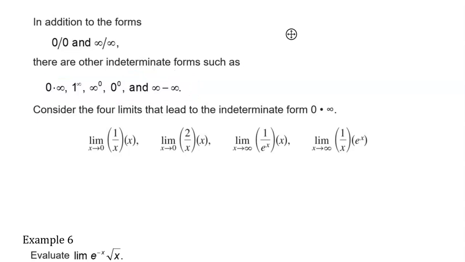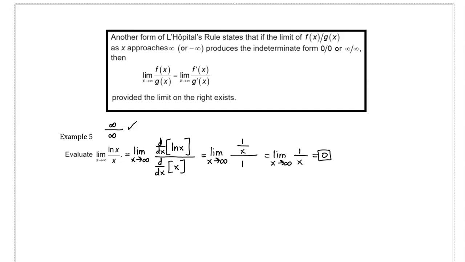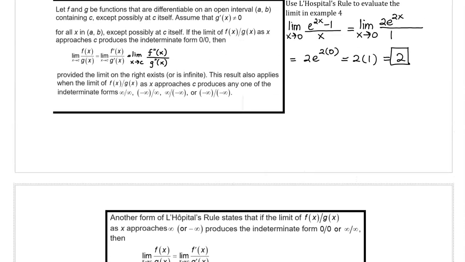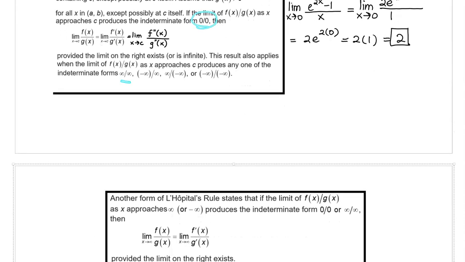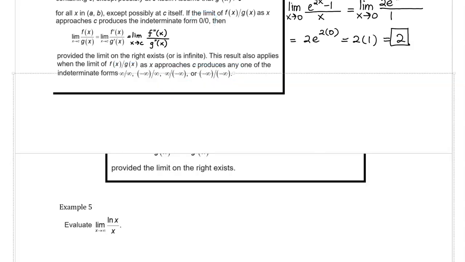Now, to be clear, we cannot use L'Hopital's rule on an expression that generates one of these indeterminate forms. We would need to do some kind of manipulation so that we are looking at one of those indeterminate forms for which L'Hopital's rule is valid.